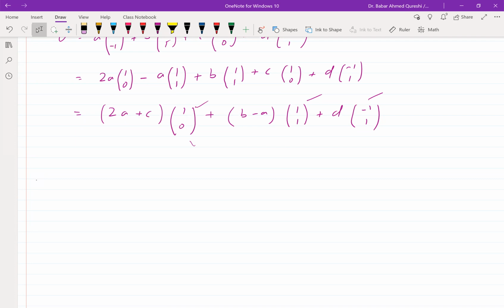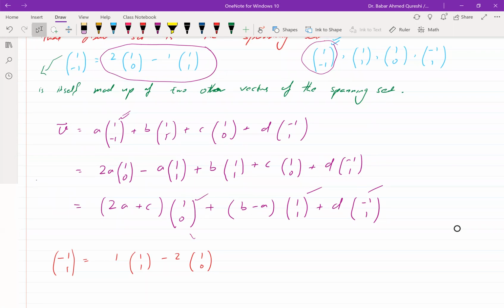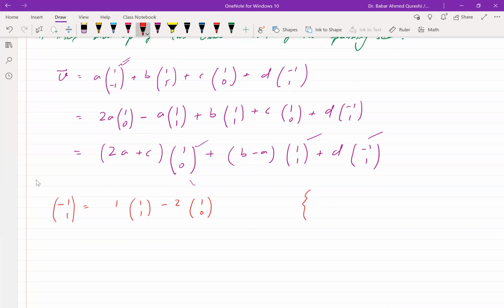But similarly, now I look at this guy. This is equal to, so I had deleted this one and my new spanning set was now (1, 1), (1, 0) and (minus 1, 1).